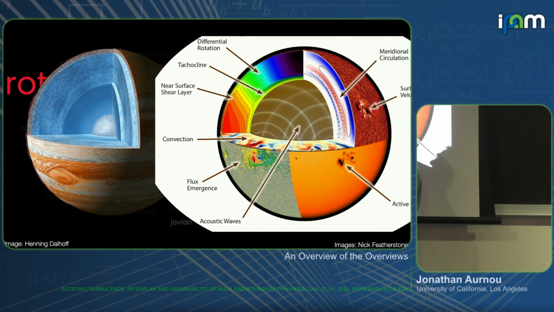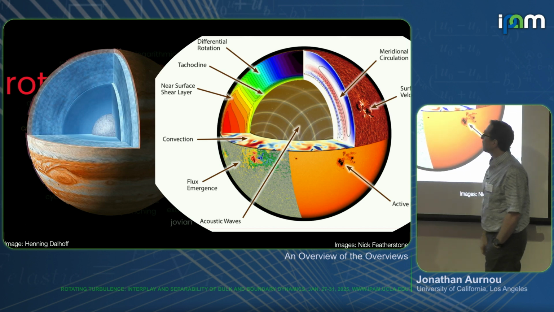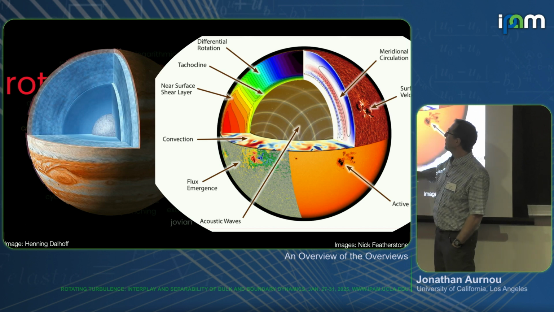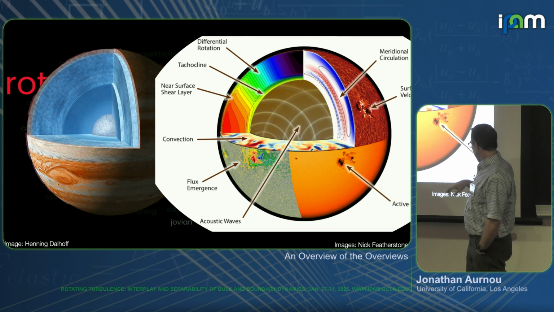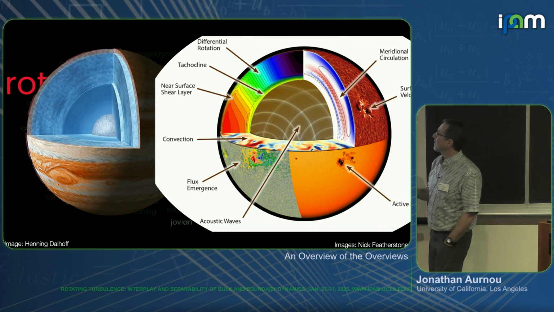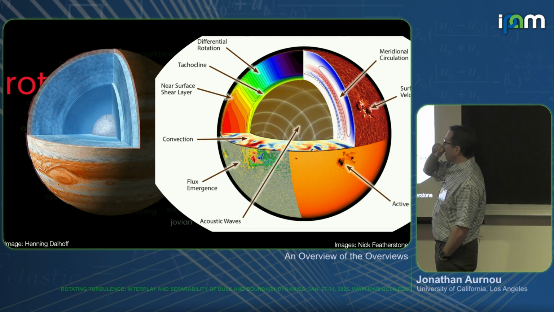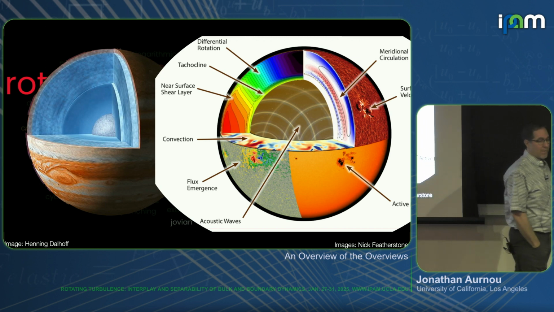Outer third of the sun, starting from about 0.7 to 1 in terms of solar radius, is the convection zone. Inside that is a stably stratified radiative zone. This is a nice image from Nick Featherstone on the Coffee's Science Drive Center. Upper right shows the differential rotation or the zonal velocity field.